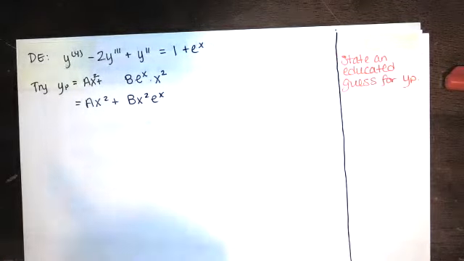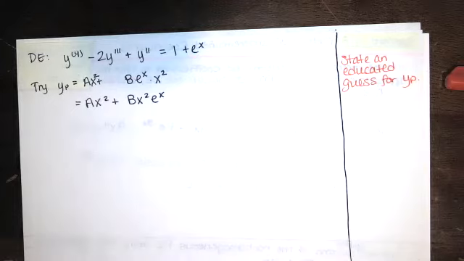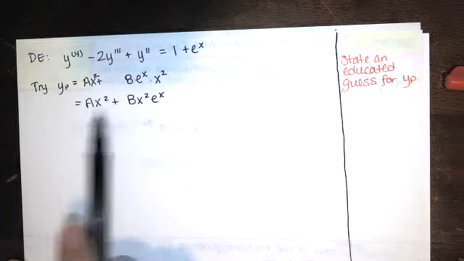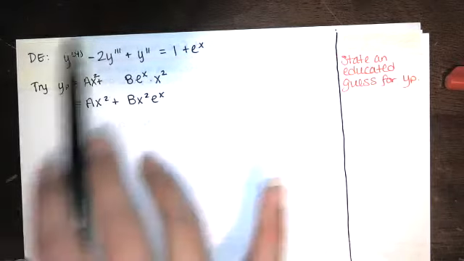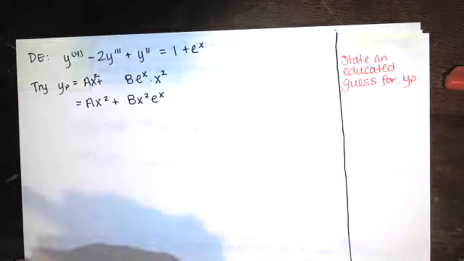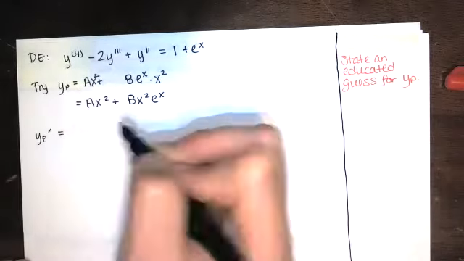Now we want to differentiate 4 times and substitute into this equation because we're assuming that y sub p is a solution to this differential equation for some unknown constants a and b. We just have to find a and b so that this works. To find a and b, we differentiate 4 times, substitute, and we set the left-hand side equal to the right-hand side. So we will first compute y sub p prime.